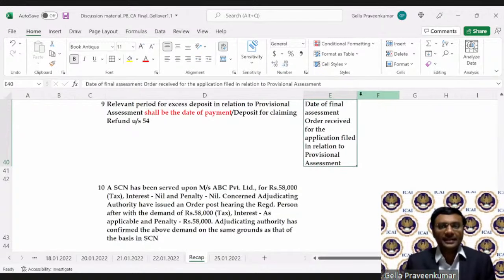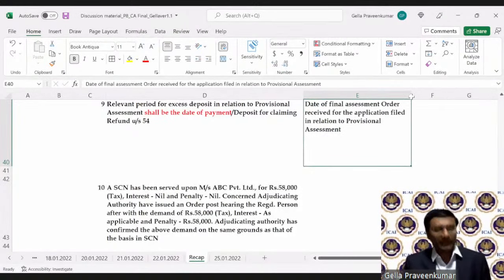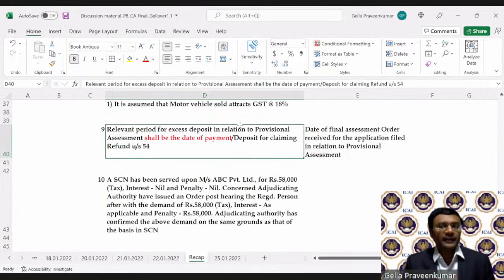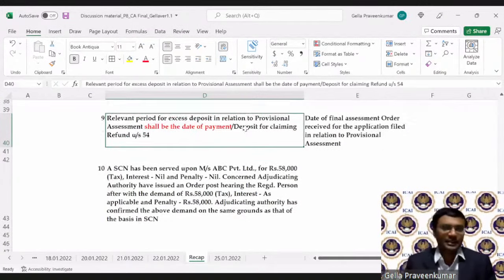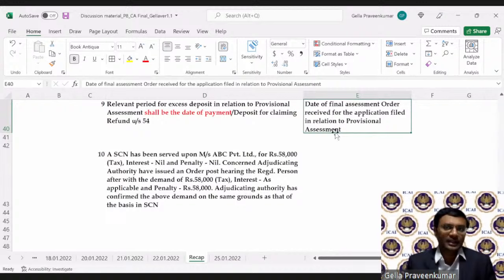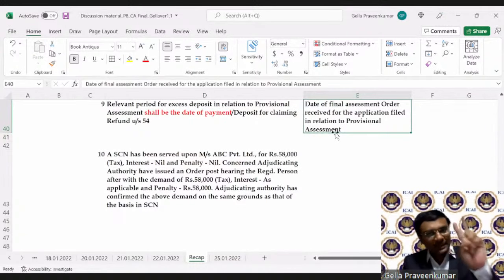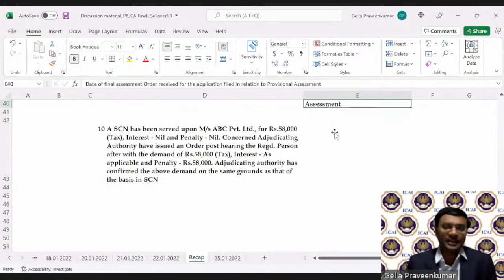So this would be our answer. It is not the date of payment, rather it is the day when my final assessment order has been passed. So this is my relevant period. Examination students, please wait and watch. 2 marks will be the relevant point they'll take into consideration.